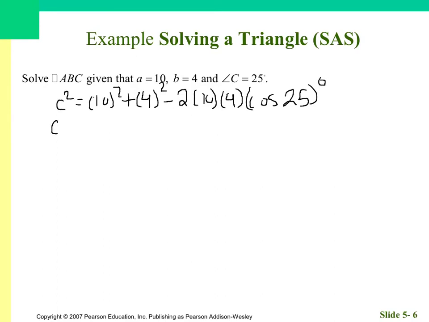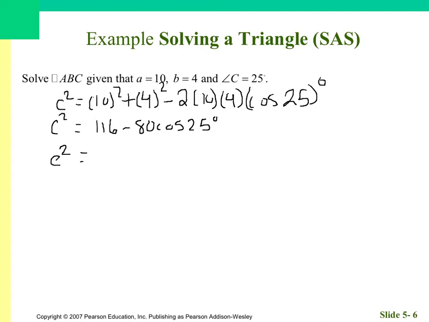So I get c squared equals 116 minus 80 times the cosine of 25.